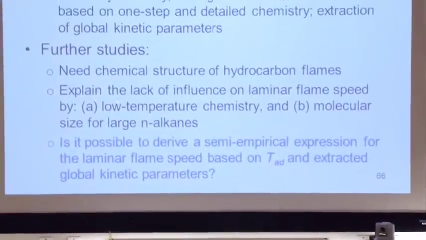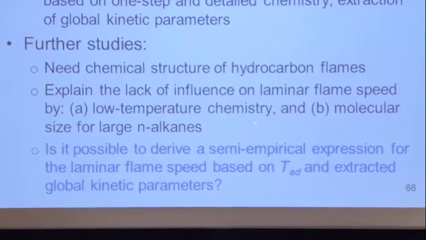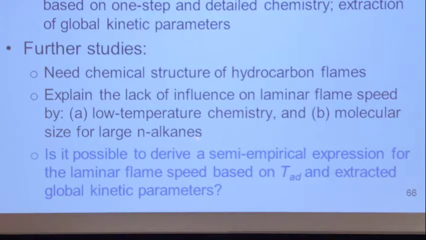The influence of flow structure, the flame structure, on the reactivities. Okay? So low temperature. Now, there's something interesting. Explain the lack of influence of laminar flame speed by low temperature chemistry and molecular size of large n-alkanes.